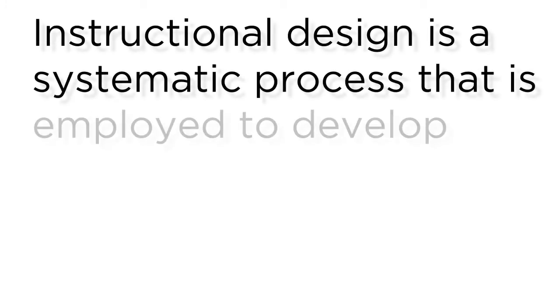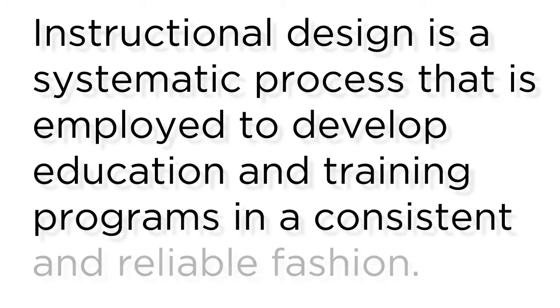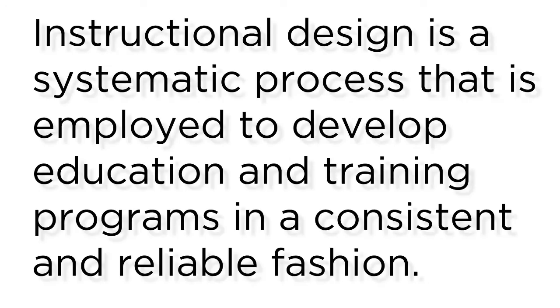It was IT 601. We were talking about the definition of this thing called instructional design. We were reading this book, Trends and Issues in Instructional Design and Technology, and in chapter 2 it talks specifically what this is, and it says instructional design is a systematic process that is employed to develop education and training programs in a consistent and reliable fashion.